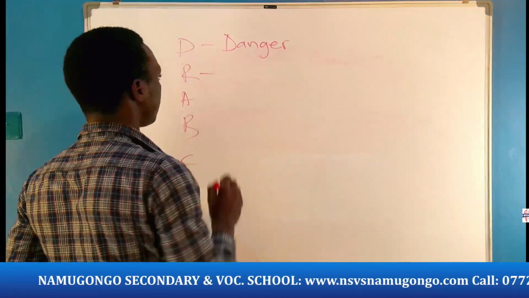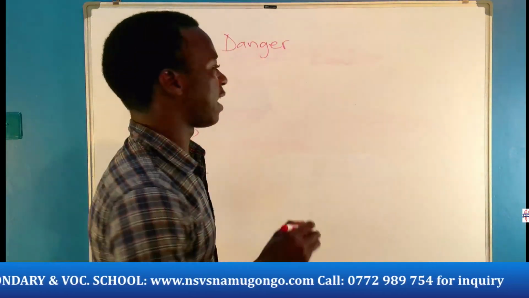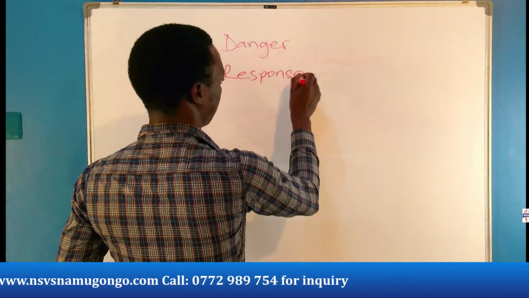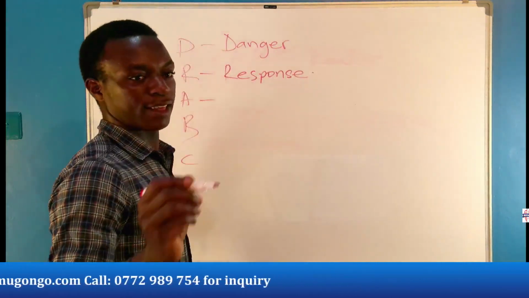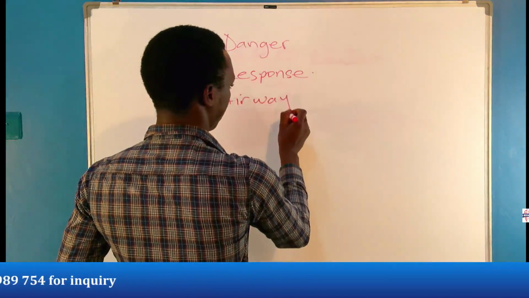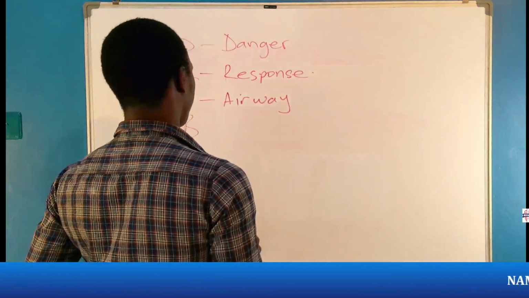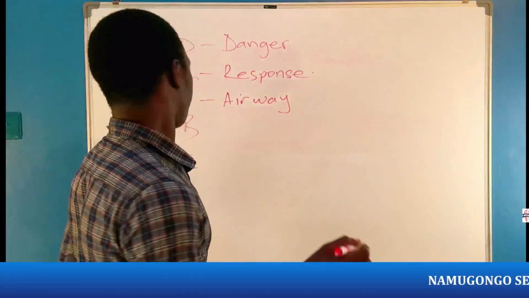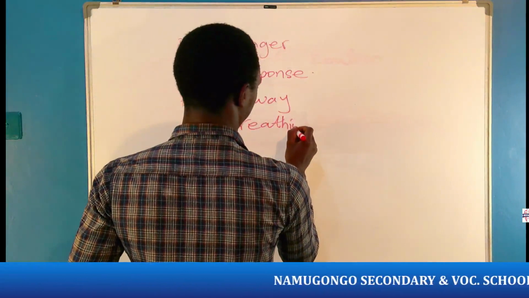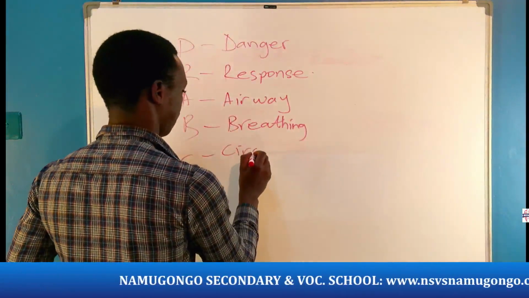The second one is when you realize there is danger, now you look for response. Then the third one is airway. And the fourth one is breathing. And the last one is called saturation.